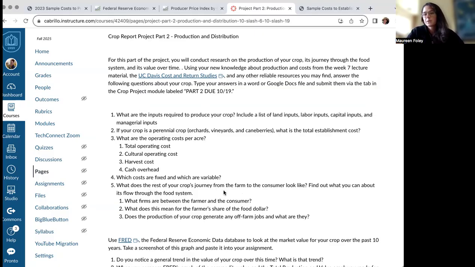Wikipedia is a good place to start sometimes, but go to their references where they found the information and then take the information from that reference, because we want to make sure that we are being accurate, because crowdsourced information is not always accurate. So you'll answer these 3 questions based on your own research and your own knowledge about the food system and the food dollar.